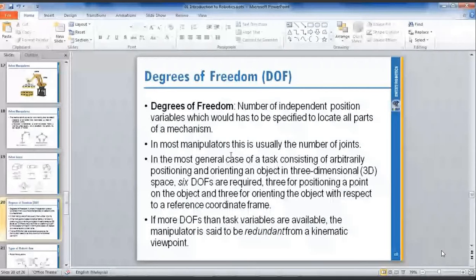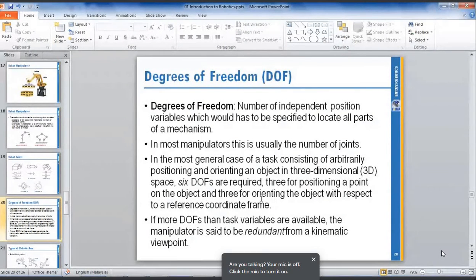In the most general case of tasks consisting of arbitrarily positioning and orienting an object in three-dimensional 3D space, 6 degrees of freedom are required. 3 for positioning a point on the object, and 3 for orienting the object with respect to the reference coordinate frame. Okay.